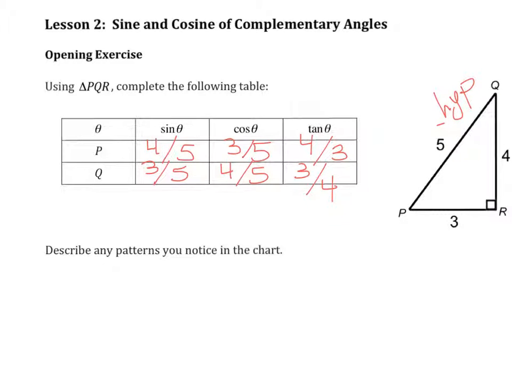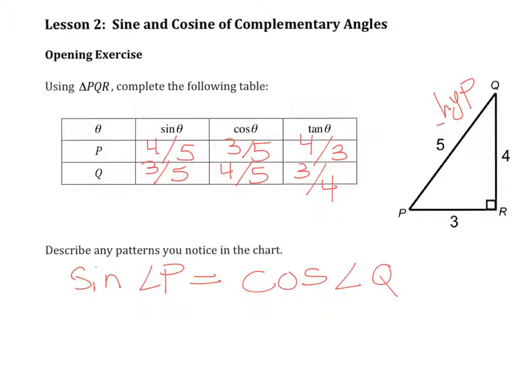So the pattern that you should notice in this chart is that the sine of angle P is equal to the cofunction, cosine of angle Q. And angles Q and P are complementary.